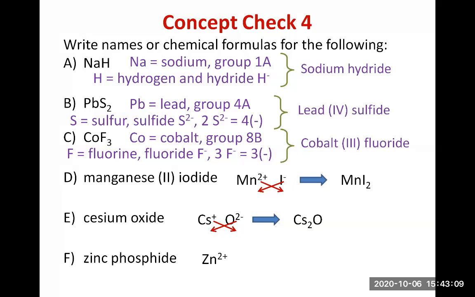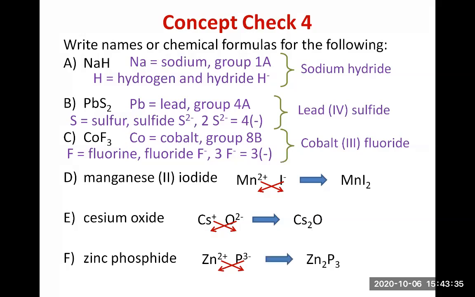The phosphide ion is from phosphorus group 5A, so 5 minus 8, it's P negative 3. So you do the crisscross trick, and so the 3 from the 3 minus charges of phosphorus become a subscript for zinc, and then the 2 charges from zinc become a subscript for phosphorus.